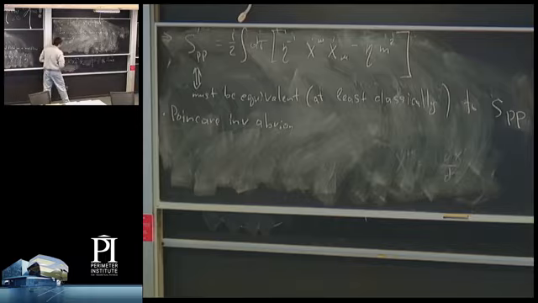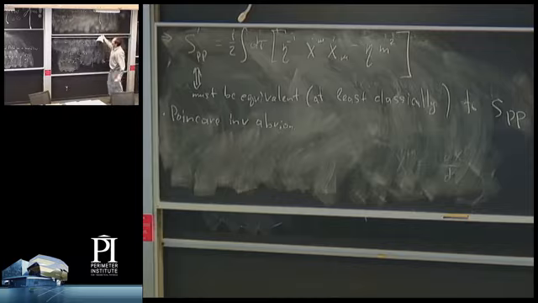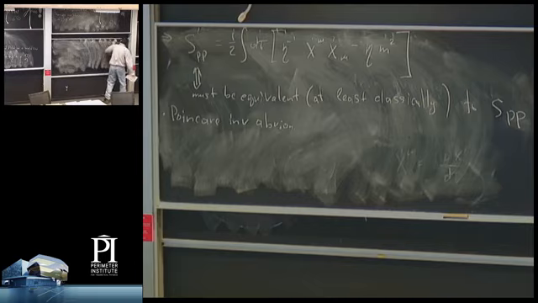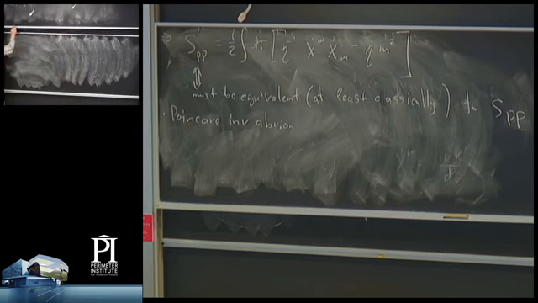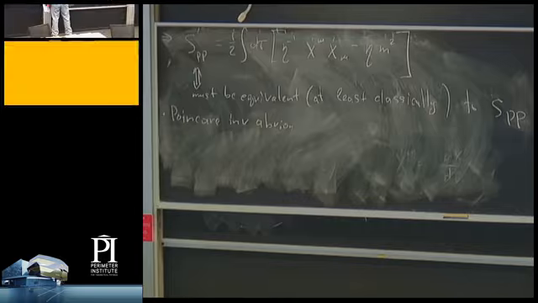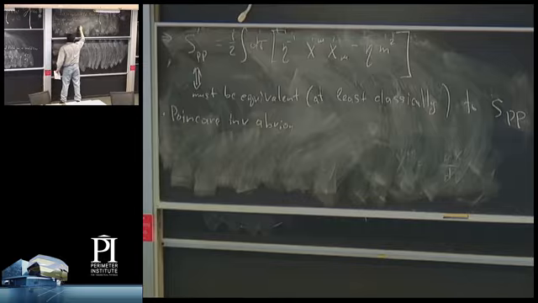So let's see what will happen. So again, x dot mu is equal to dx mu over d tau, which is d x mu prime over d tau prime times d tau prime over d tau.